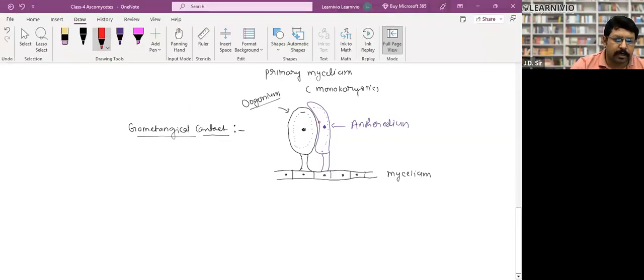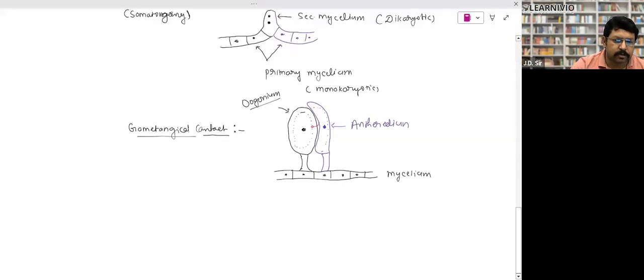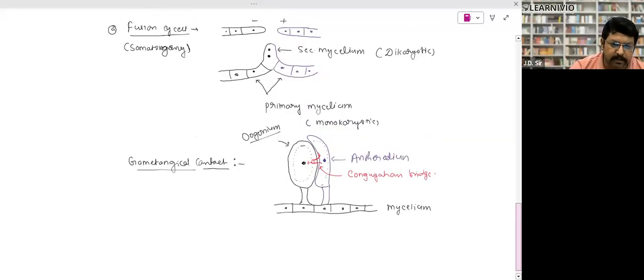Antheridium will produce a tube-like structure. With the help of this tube-like structure, it drops its nucleus into the female oogonium, right? And this is called the conjugation bridge, right? After that, the formation of zygospore will take place, right?